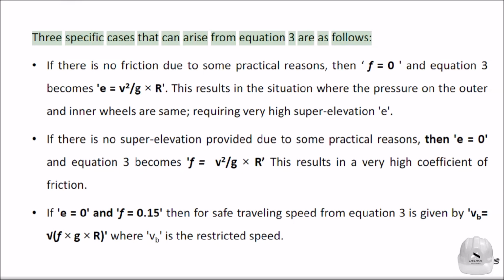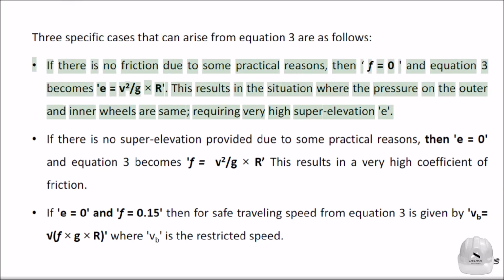Three specific cases that can arise from equation 3 are as follows. If there is no friction due to some practical reasons, then f equals 0 and equation 3 becomes e equals v²/(g times R).